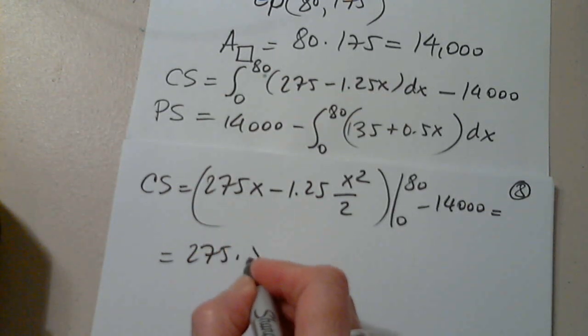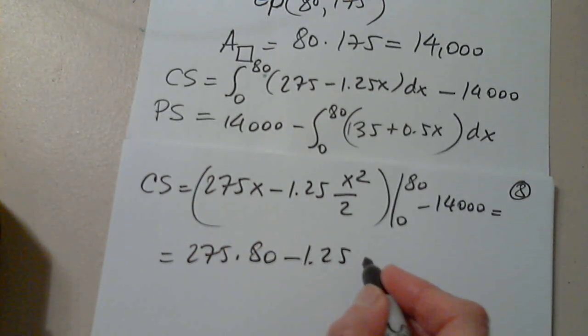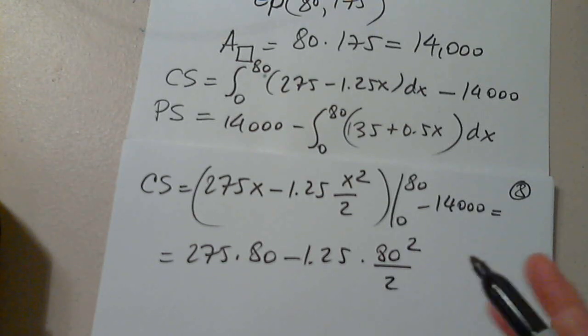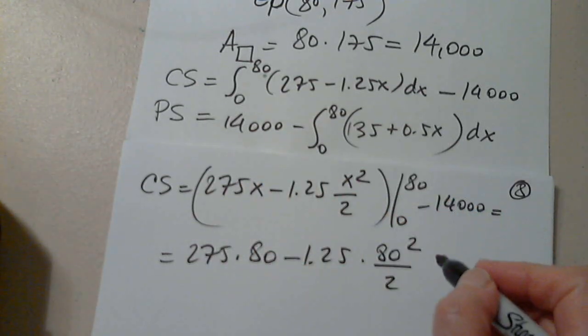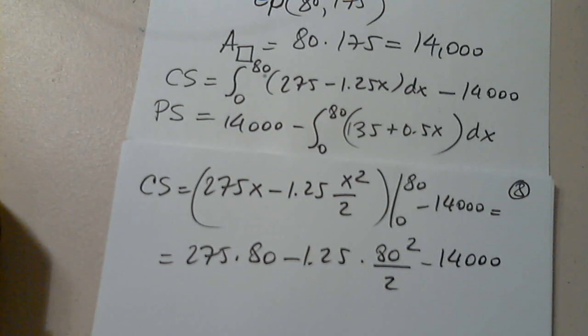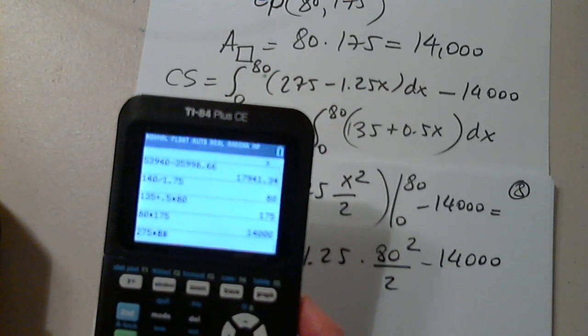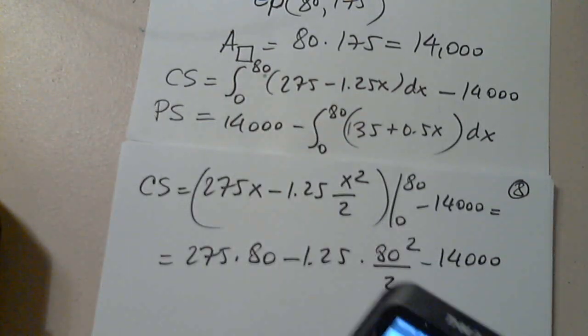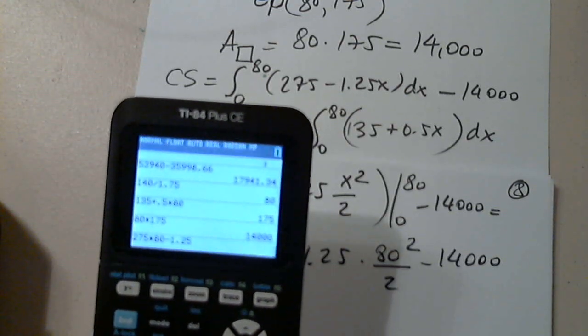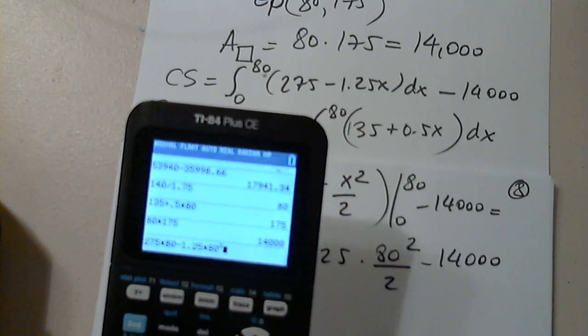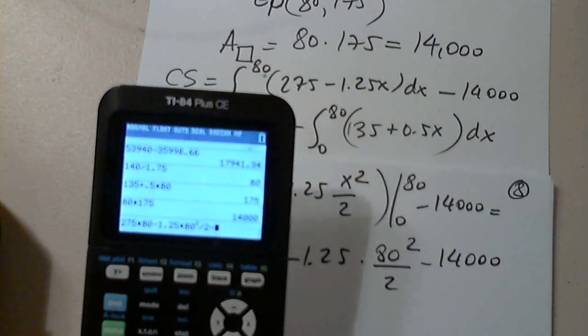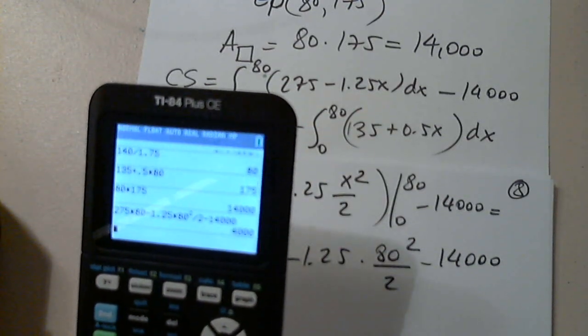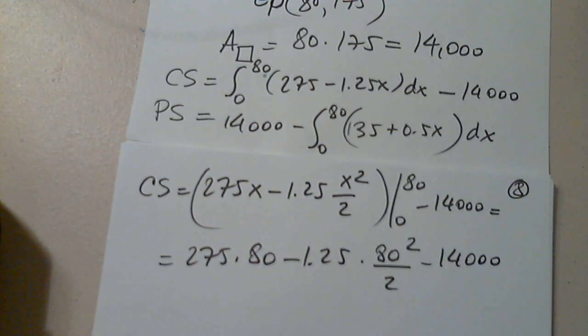So 275 times 80 minus 1.25 times 80 squared over 2, minus 14,000. Enter. 4,000. Looks a little excessive, but it's possible.